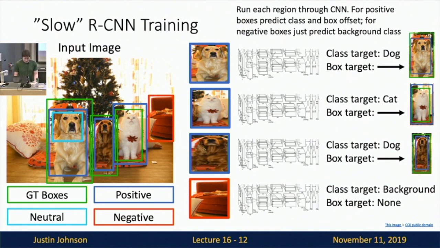Yeah, the question is then how do you actually validate this? And that's why we use this metric of mean average precision that we talked about last time to evaluate object detection. One way that you might imagine evaluating these things is some accuracy style metric where I have some heuristic, maybe I extract a fixed set of boxes from each image and then see whether or not they match with the ground truth.